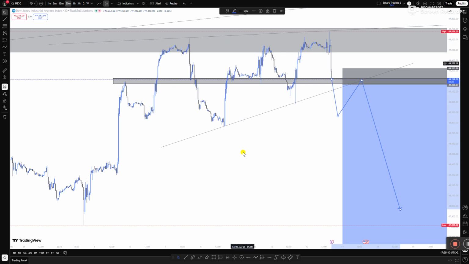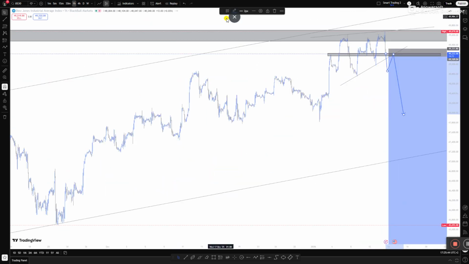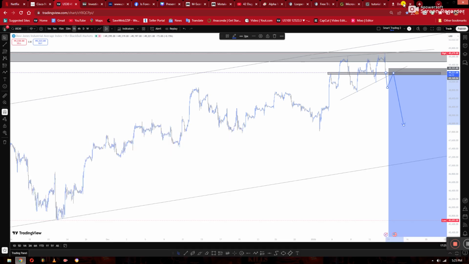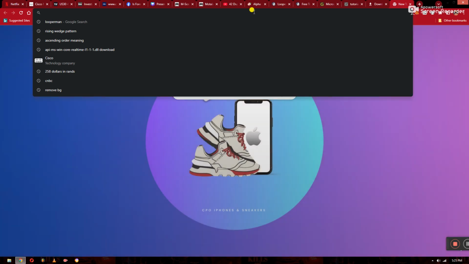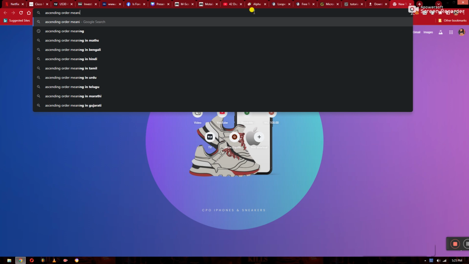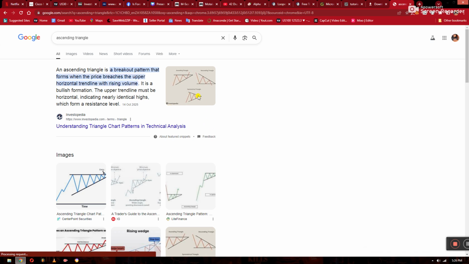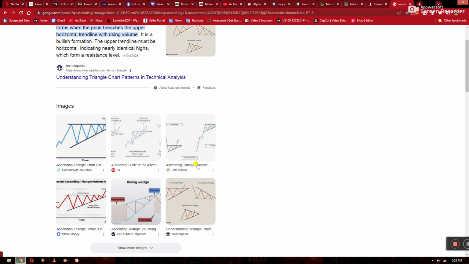You see, this is our ascending, more like an ascending triangle. I'm not sure, but let me just search it out for you. Ascending triangle. I don't want to lie to you. English sometimes runs away. It's more likely the same, but it's not actually the same.